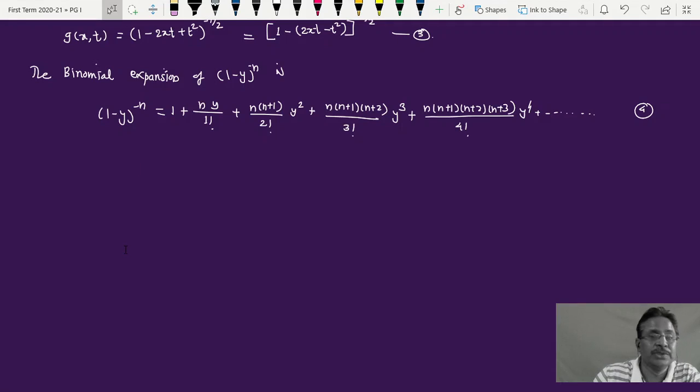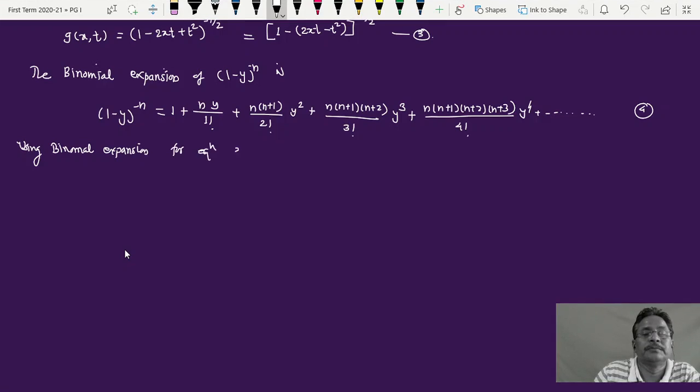Now using the binomial expansion for equation 3, this is (1 minus y) raised to minus half. I have to use this.